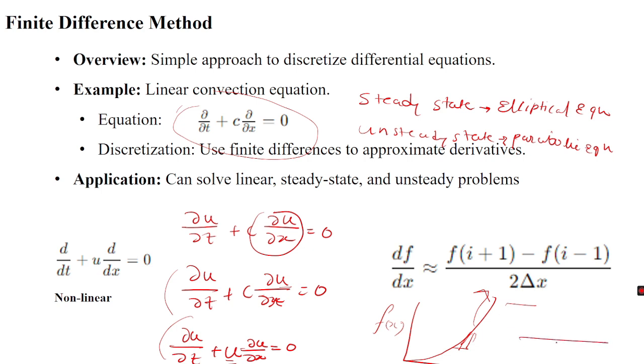Suppose this is our i, and this will be i minus 1, and this is i plus 1. So this is the 1D example.